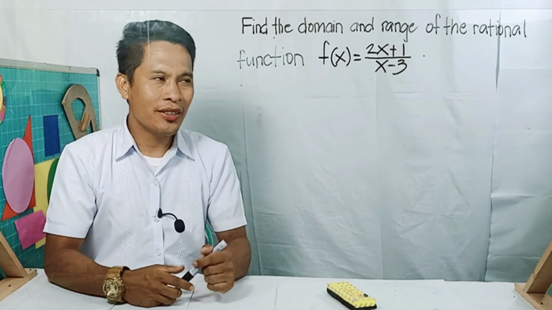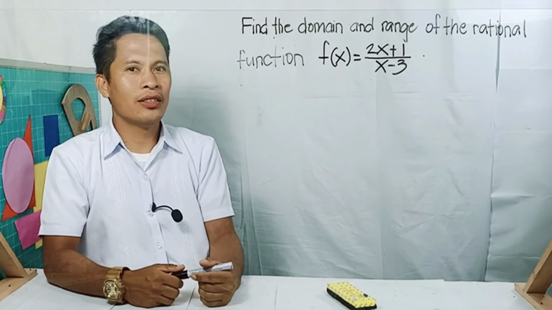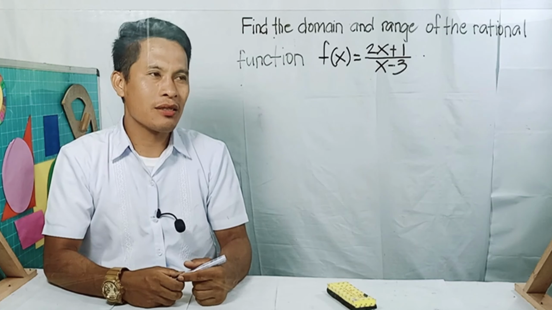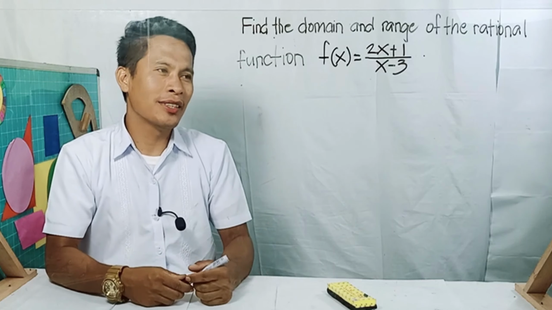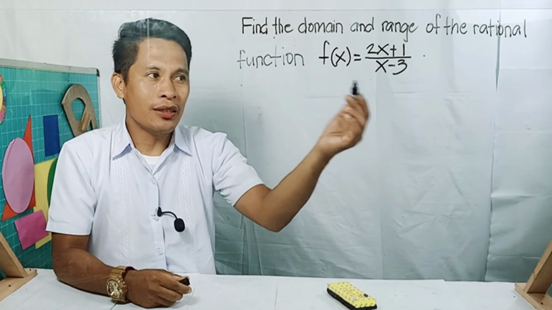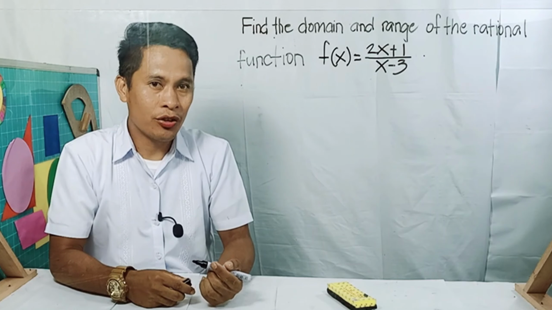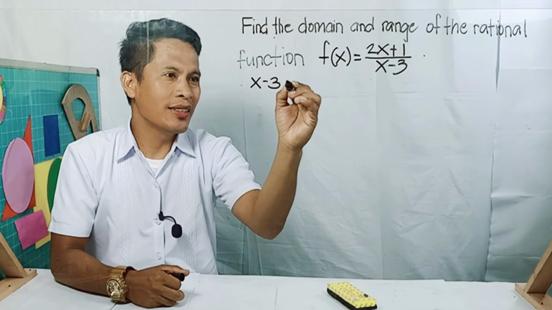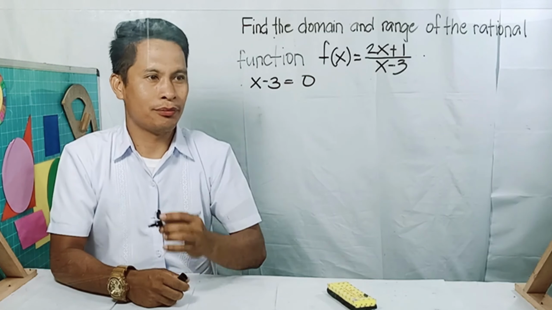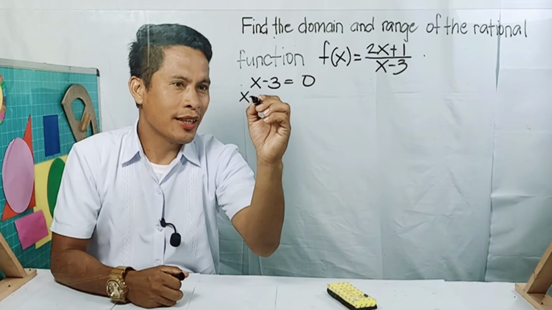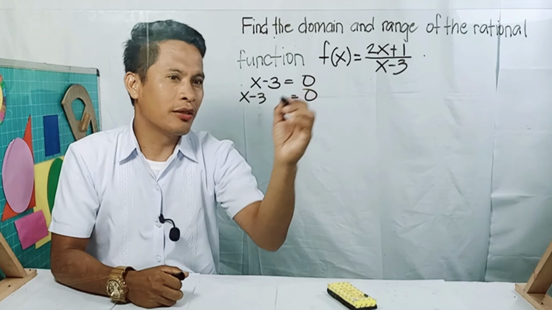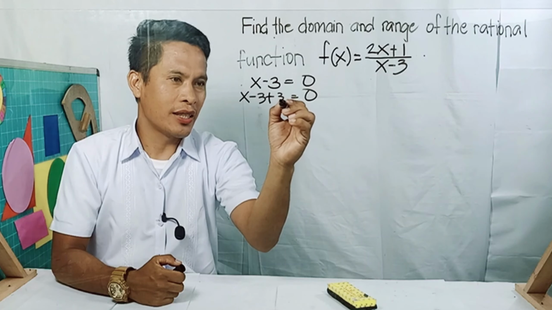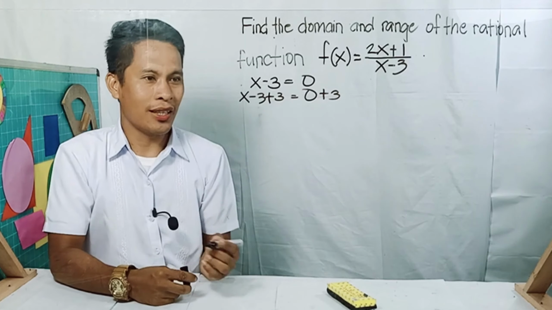Let's find the domain and range of the rational function f of x equals (2x plus 1) all over (x minus 3). Again, the first step is to equate our denominator to 0. We write x minus 3 equals 0. Apply addition property of equality: plus 3, plus 3.